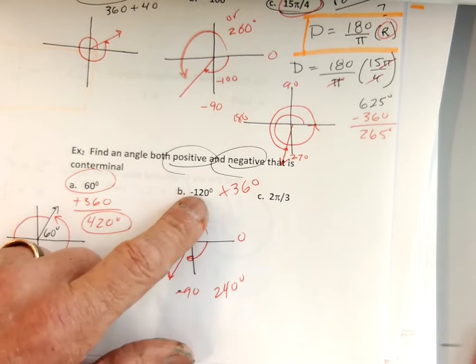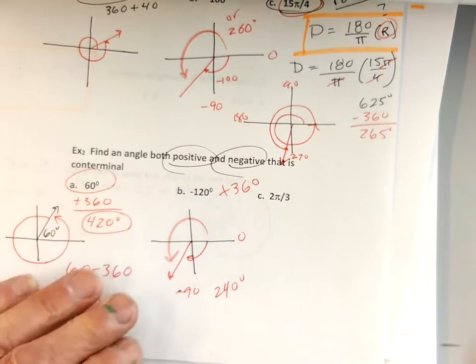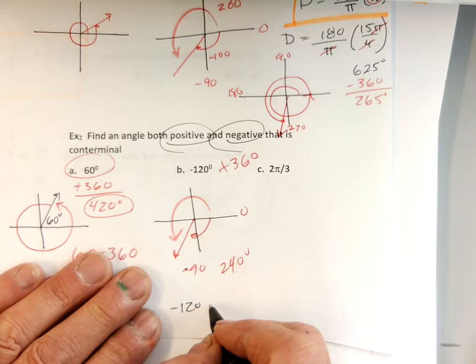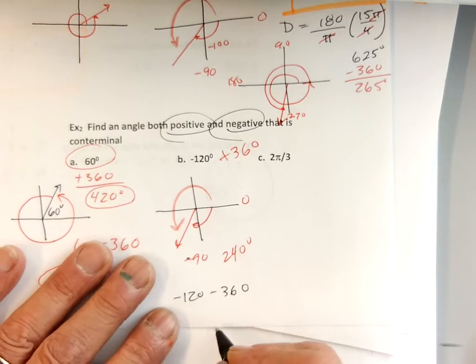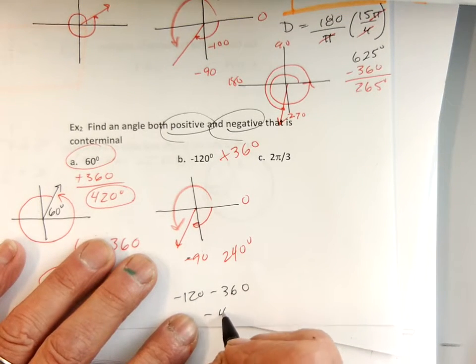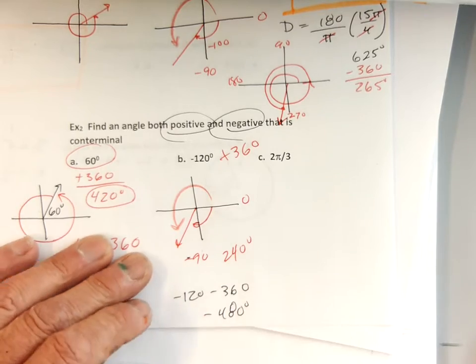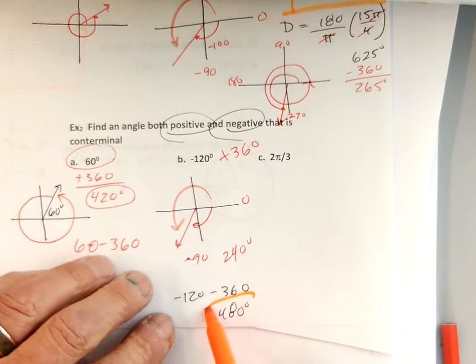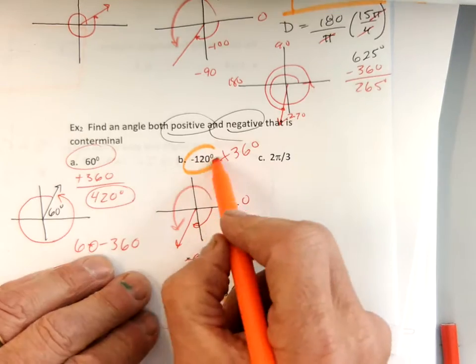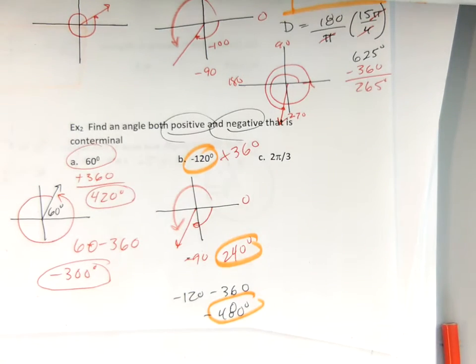Or I could spin it backwards even more and get a negative 480 degrees. There, there, and there. All three of those are in the same spot.